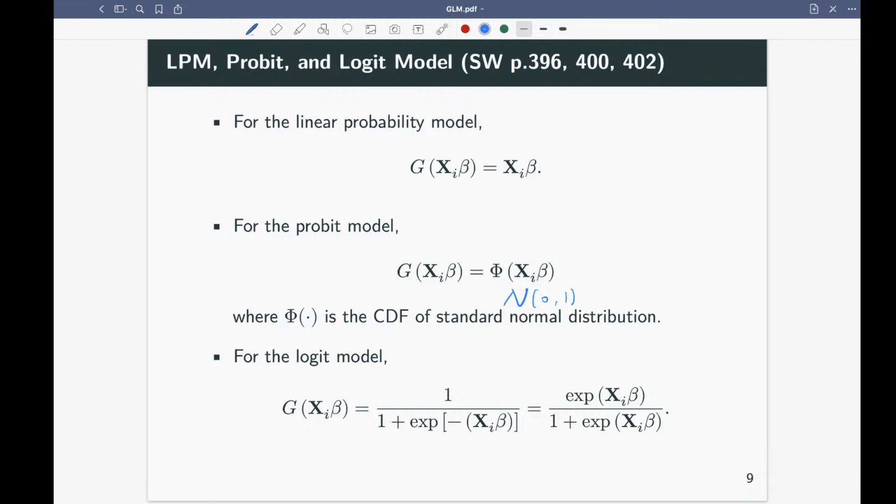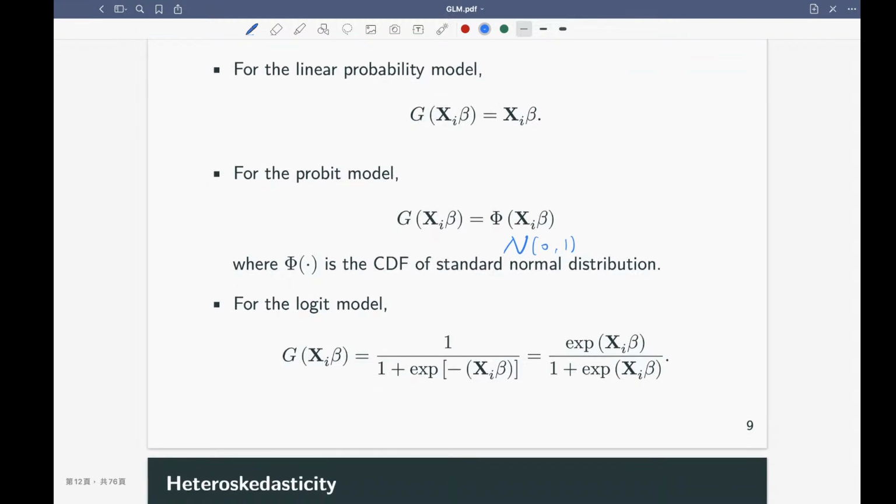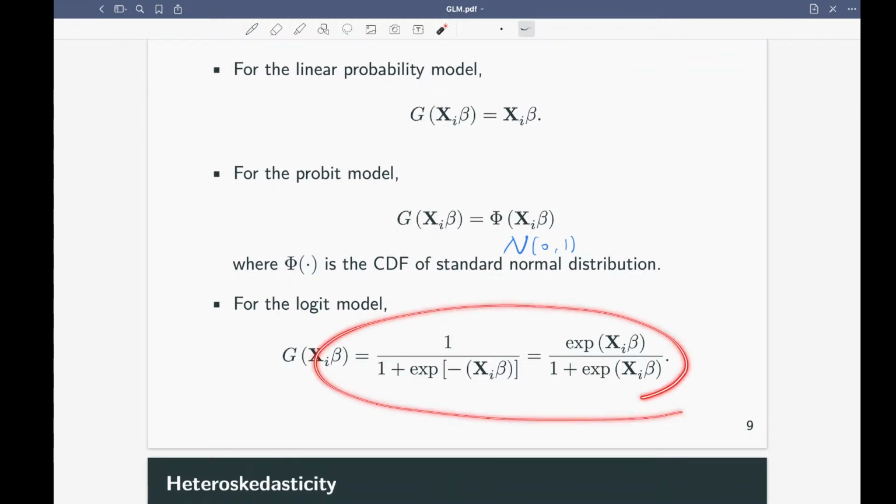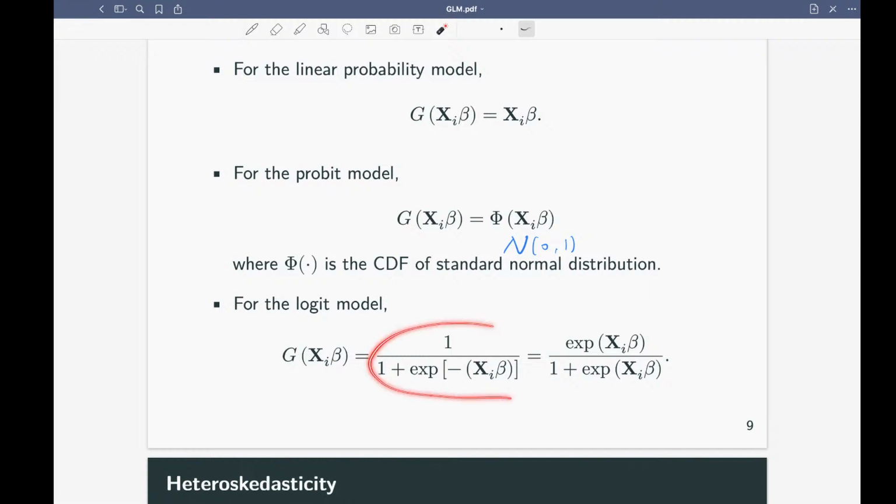Next is the Logit model. In the Logit model we use the logistic function. Some textbooks use this form, and some textbooks use this form; they are equal to each other. You can multiply the numerator and denominator simultaneously by the exponential of x beta, so you have this form.